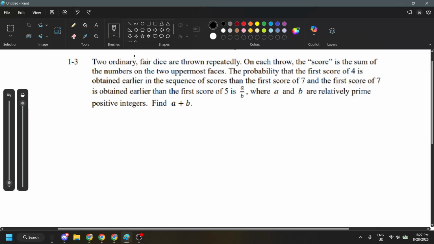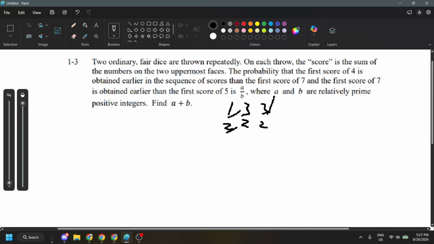So let's say that for the score of 4, we can have 1, 3, and 2, 2. Out of the 36, we have 1, 3, 2, 2, and then 3, 1.